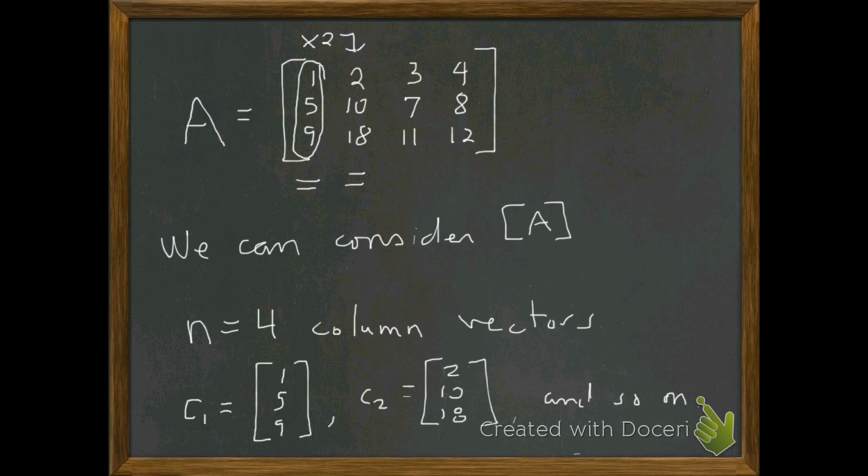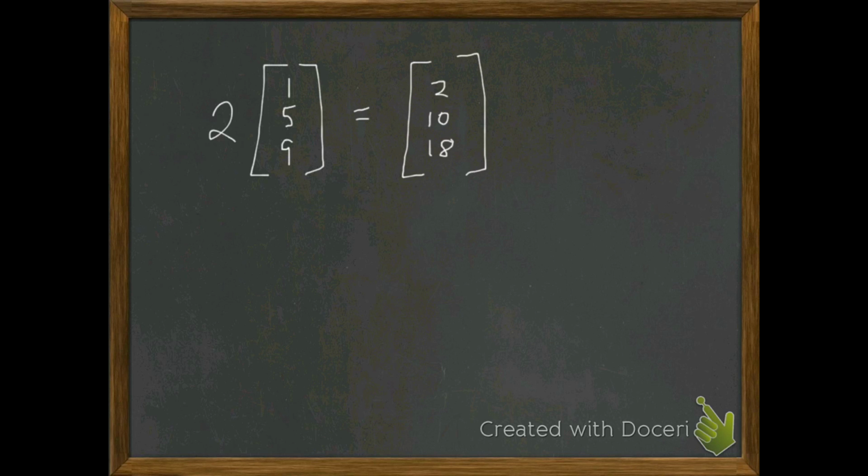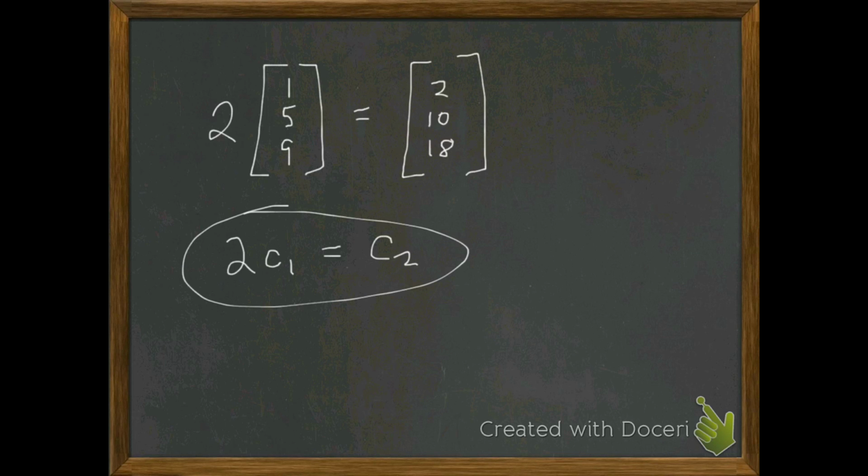So in other words, we could take 2 times 1, 5, 9 and get 2, 10, 18, which expresses that 2 times column 1 is column 2. Now that doesn't seem like a big deal in isolation of other things, but in statistics and even in the theory of matrices, it gives us problems. So what we have here is what's called linear dependence.